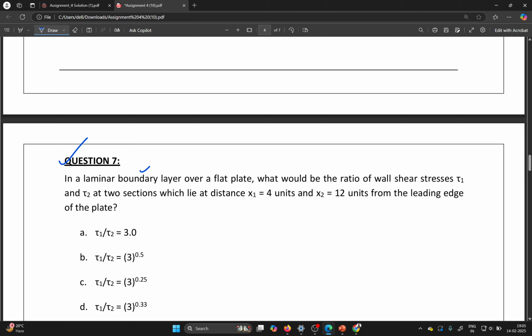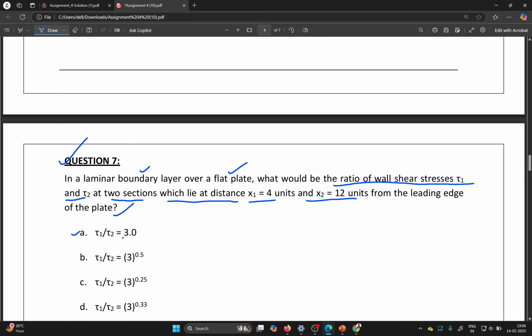In laminar boundary layer over a flat plate, what would be the ratio of wall shear stress tau 1 and tau 2 at two sections which lie at distance x1 equal to 4 units and x2 equal to 12 units from the leading edge of the plate?